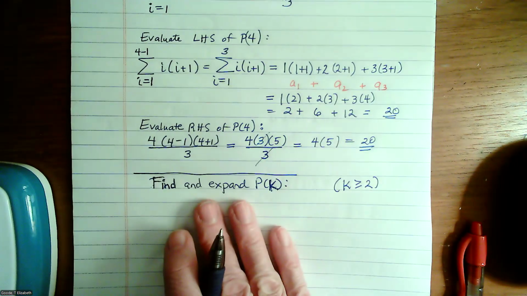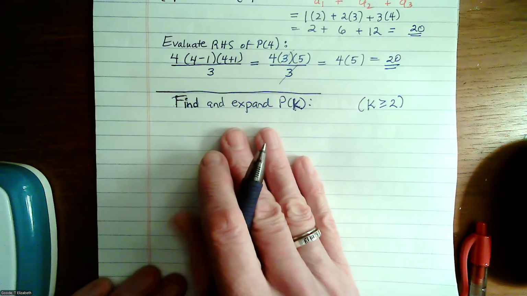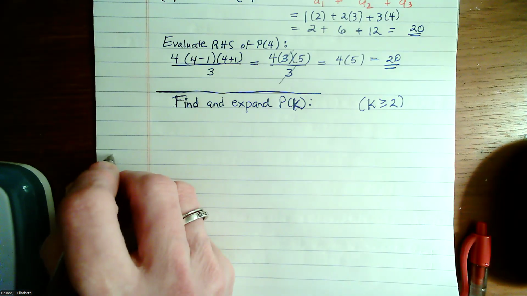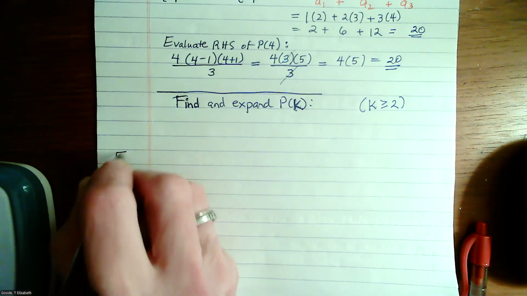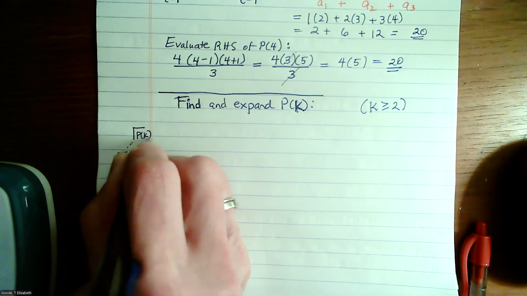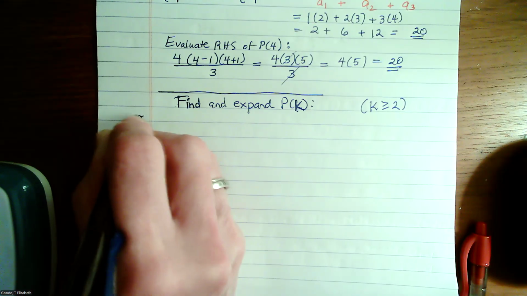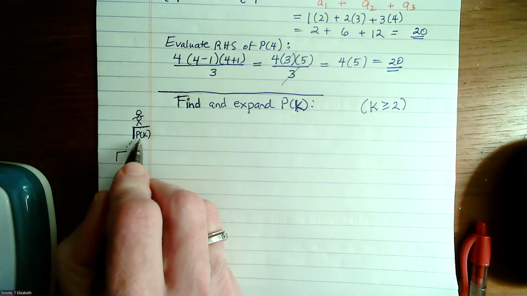Well, when we perform the work that proves the inductive step of the principle of mathematical induction, we assume we're standing on step K. That'll be our inductive hypothesis. We don't know what K is, but it's some particular step.